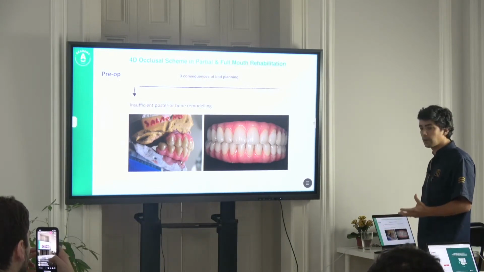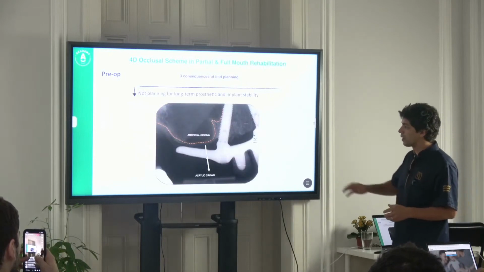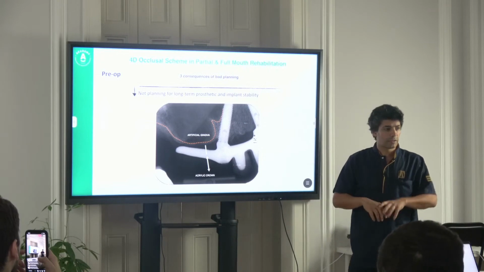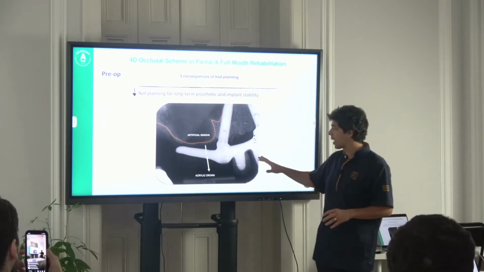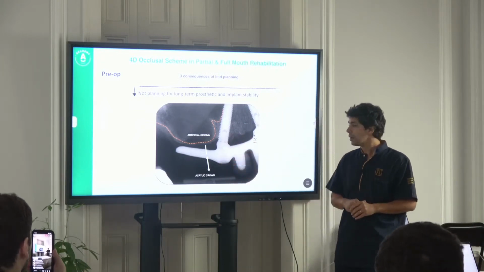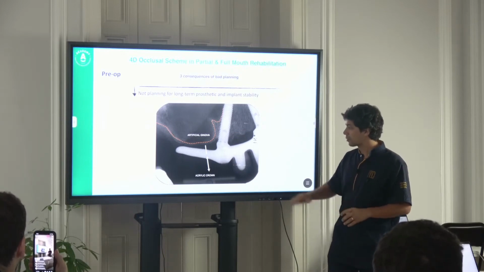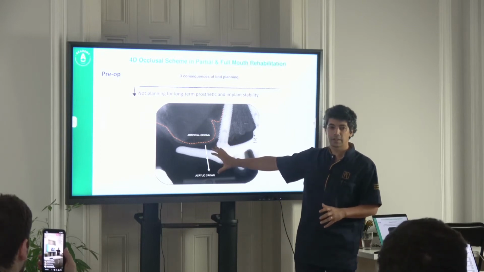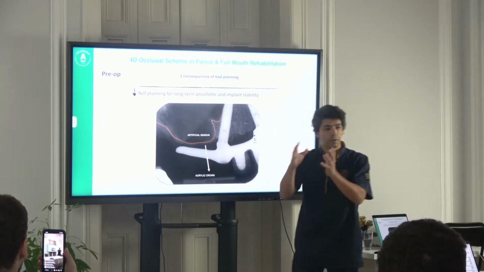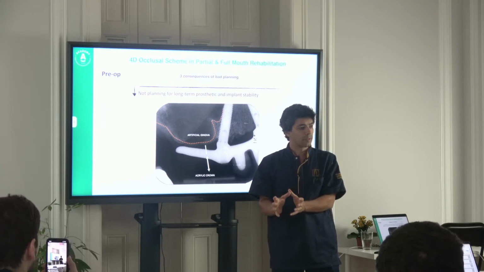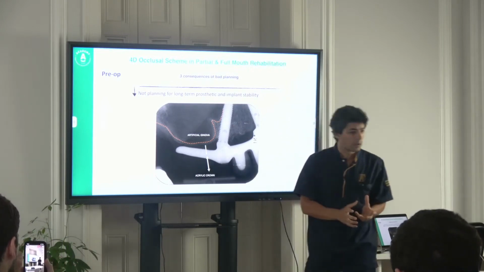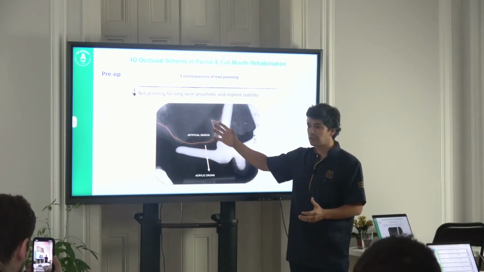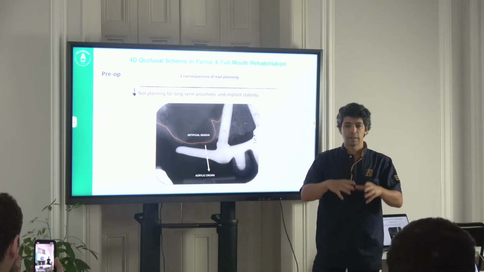On the pre-op, the diagnosis and the treatment plan, we also have to understand, in another case where I had to change and manufacture an absolutely different prosthetic and framework, that we need to have prosthetic space. You have to have prosthetic space in order to reach not only long-term stability for your implants but also long-term stability for your prosthetics. In this case, eventually today we would treat it differently.